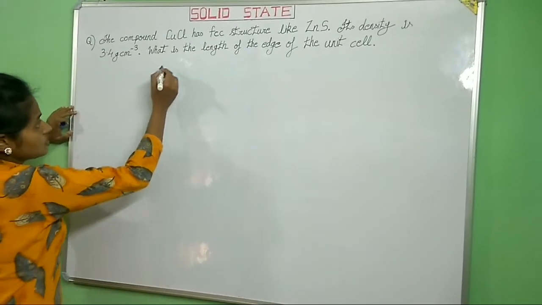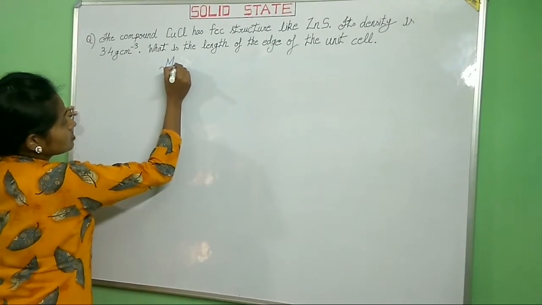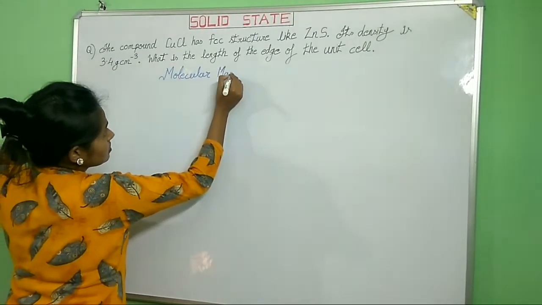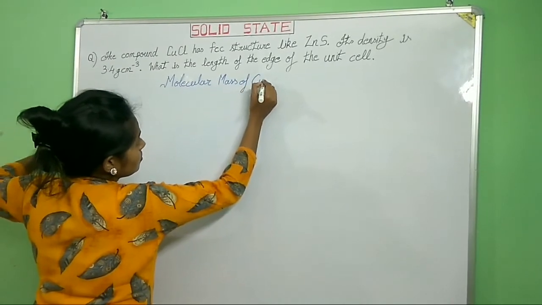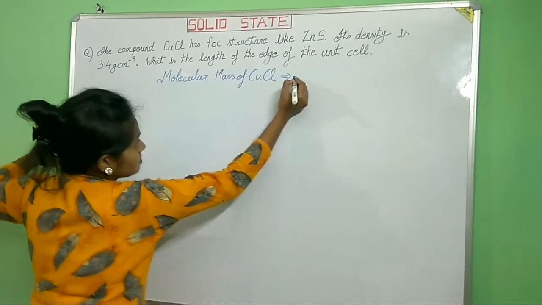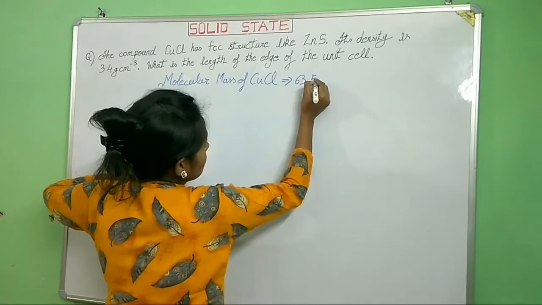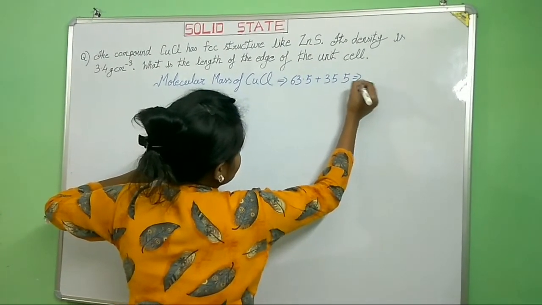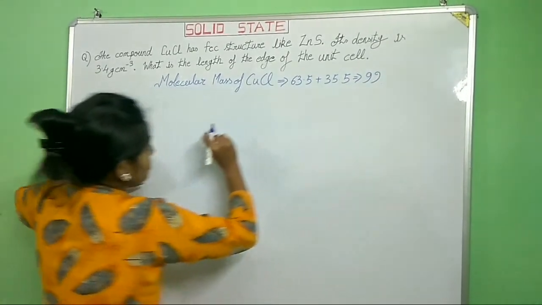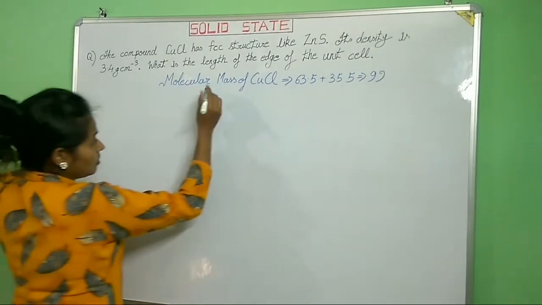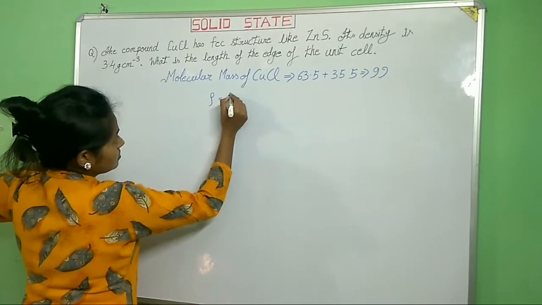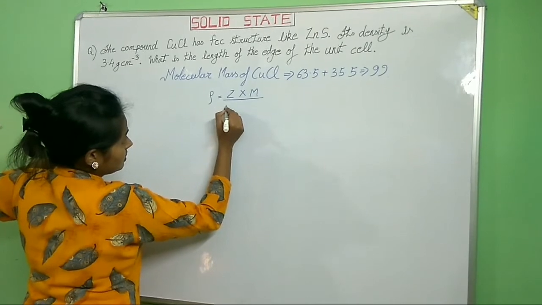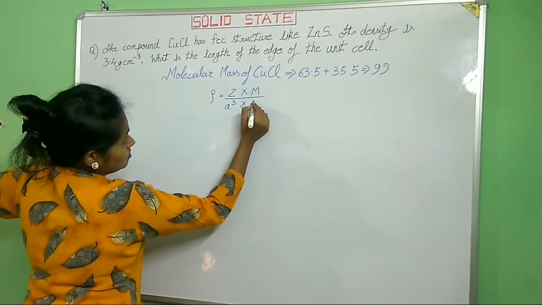So let us first find out the molecular mass of CuCl. For Cu it is 63.5 and for Cl it is 35.5. So the total molecular mass is 99. Now, as we all know, what is the formula of the density? Density equal to Z into M divided by a cube into N naught.